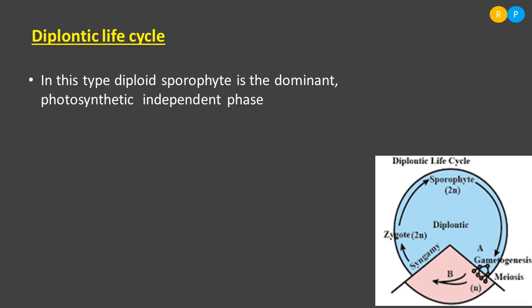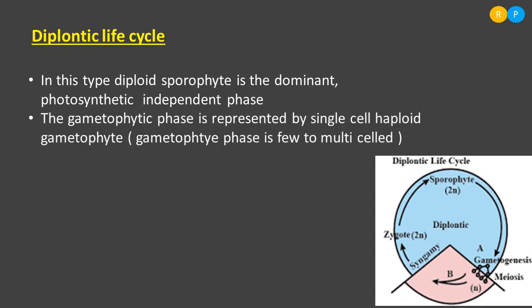Understood? And the gametophytic phase is represented by a haploid gametophyte. So, the haploid gametophyte represents the gametophytic phase here. That haploid gametophyte may be a few celled or multicellular structure. So, take the example of angiosperms. In angiosperms, the haploid gametophyte shows the presence of 7 cells and 8 nuclei.